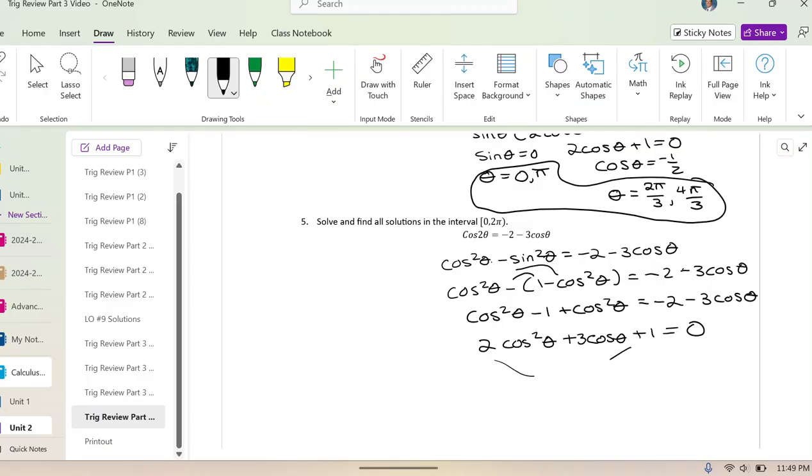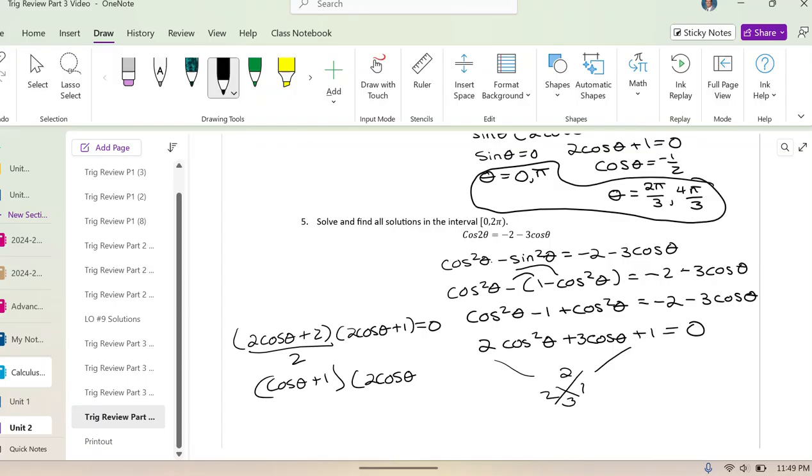So then when you multiply, the factors of 2 that add to 3 are 2 and 1. So it's 2 cosine theta plus 2, 2 cosine theta plus 1. Divide here by 2, so it's cosine theta plus 1. And then 2 cosine theta plus 1.